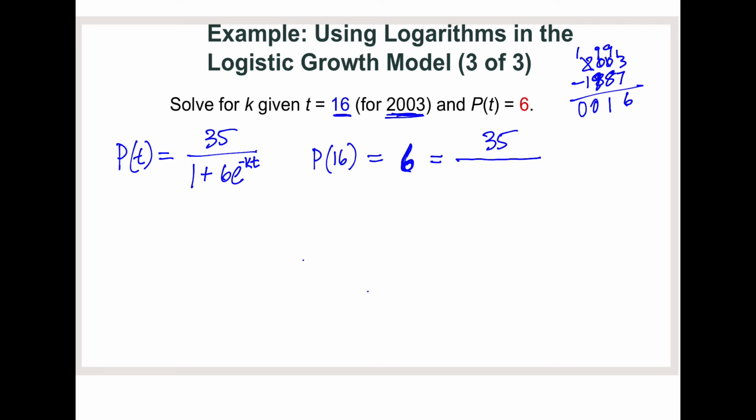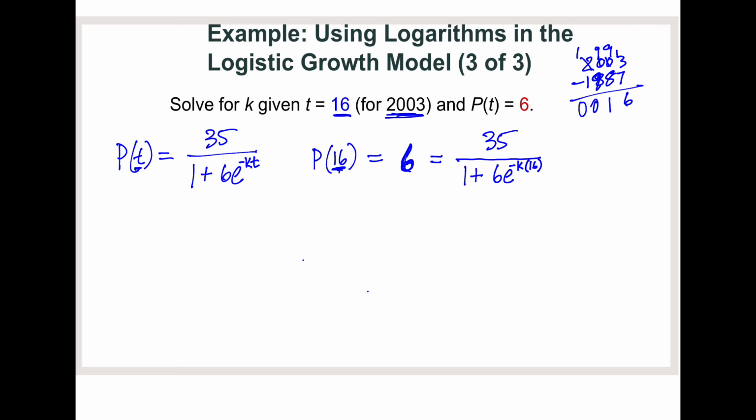35, and then I have 1 plus 6 e to the minus k, but our time here is 16. So I put in 16 for the t, so I'm now putting it into the function here.